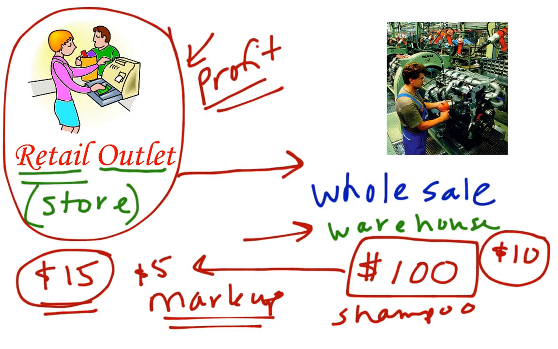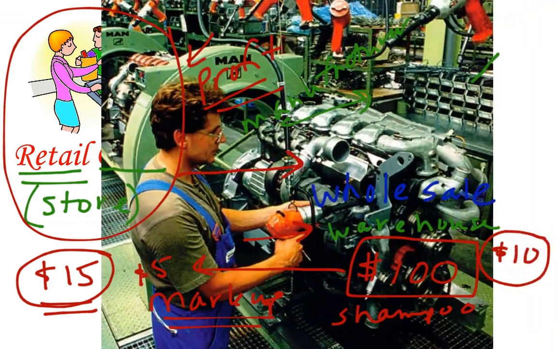Okay, so I forgot one other term, so I've changed the picture here from the wholesale warehouse. There is also a party involved in all this transaction, which is sometimes called the manufacturer. I have a picture here of a factory of some sort, and if I make it big, you can see they're building things.